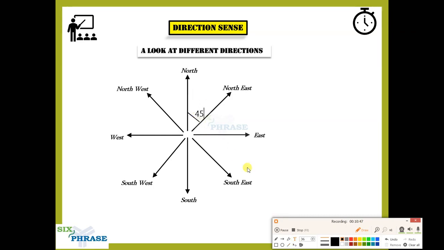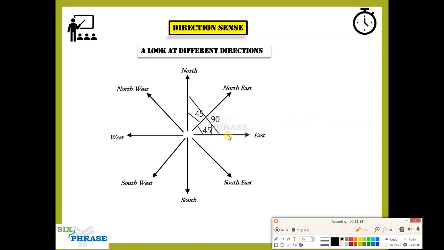This is 45, and this is 90, right? How much is this? This is 90. So from north to east it is 90, from north to northeast it is 45. Similarly you also know that this is also 45, right? So this is also 45 degrees.